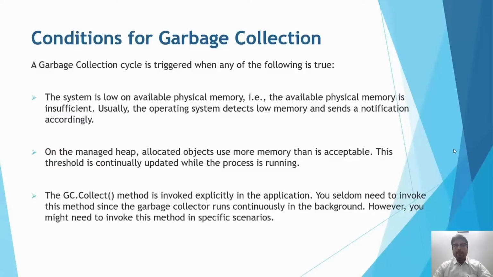But in the third case, you are making a call to GC.Collect, which is an explicit call to the garbage collector. You actually don't need to invoke this unless there is any specific reason to do that. We will discuss this. This is because the garbage collector runs continuously in a background thread.